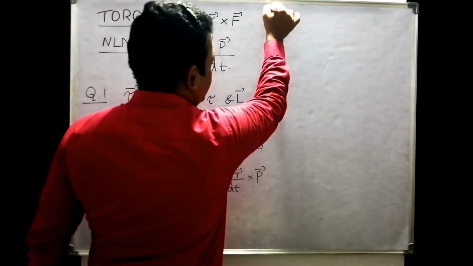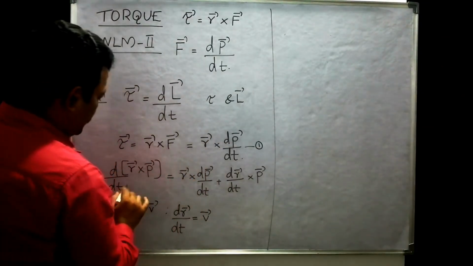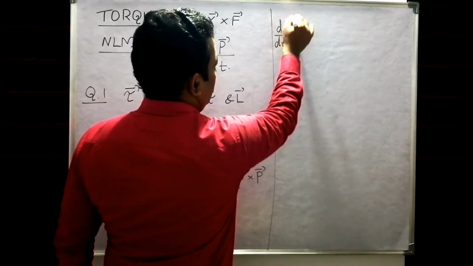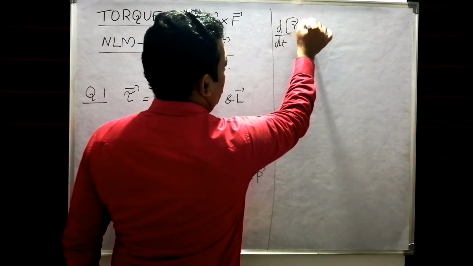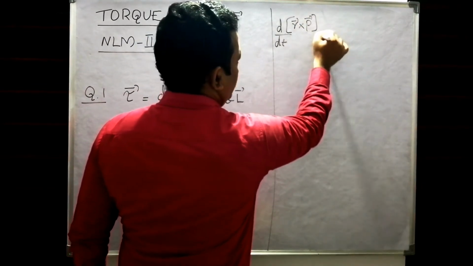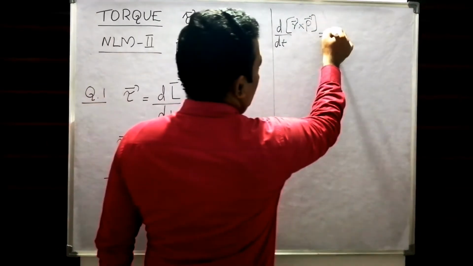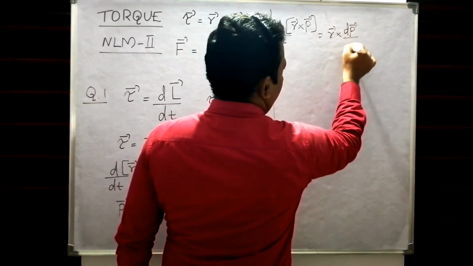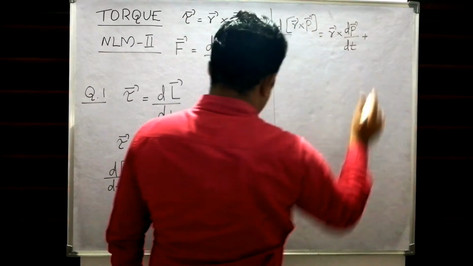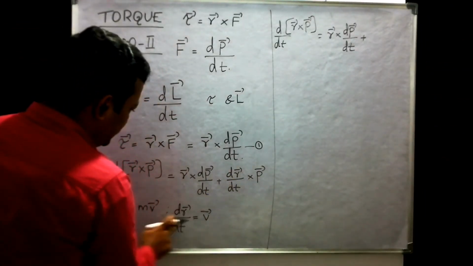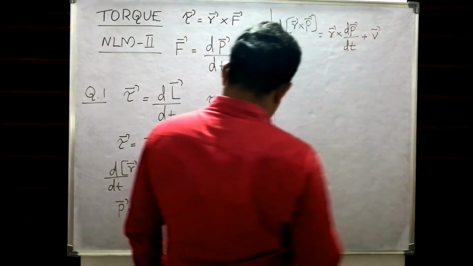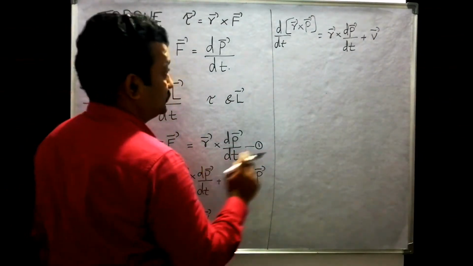This expression will change as d by dt of r cross p is equal to r cross dp by dt plus dr by dt, which is velocity, cross p, which is mass into velocity.